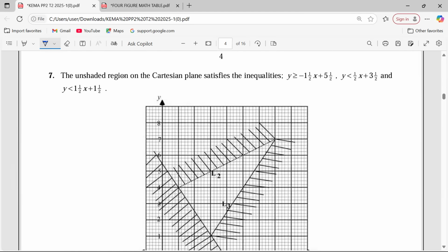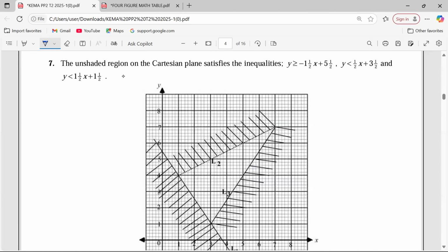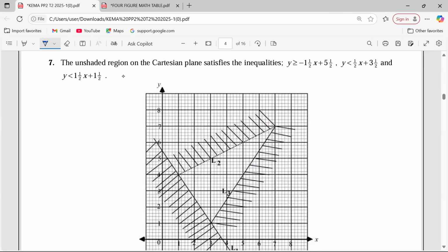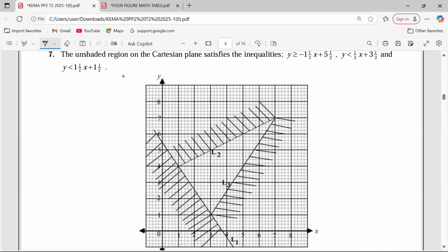Looking at number 7 now, the unshaded region on the Cartesian plane satisfies the inequality y greater than or equal to negative 1.5x plus 5.5. Then we also have y less than half x plus 3.5, and also y less than 1.5x plus 1.5.